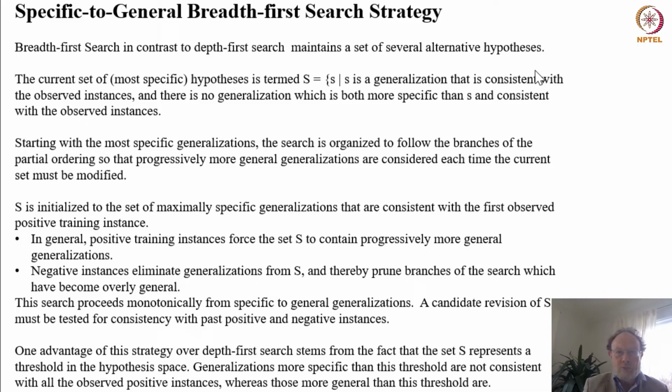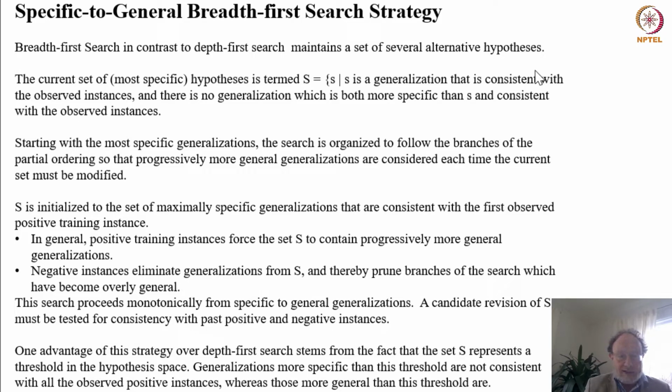So again, in this method we work from the most specific hypothesis that can cover the instances seen so far and generalize those generalizations when needed. So starting with the most specific generalization, the search is organized to follow the branches of the partial ordering so that progressively more general generalizations are considered each time the current set must be modified.